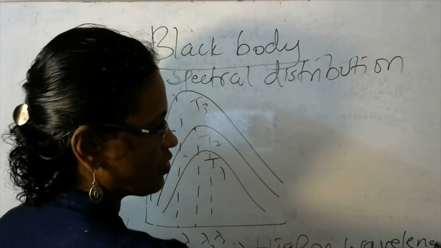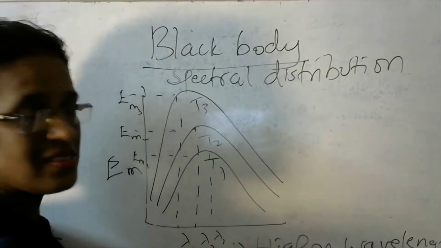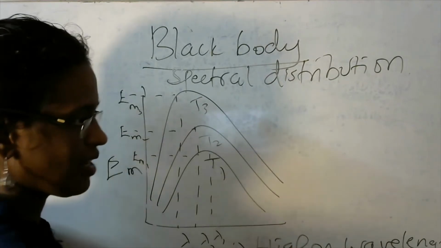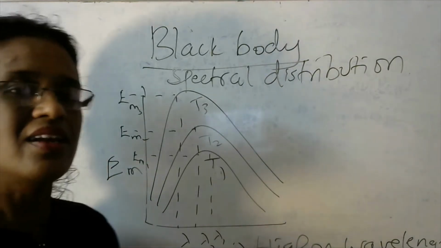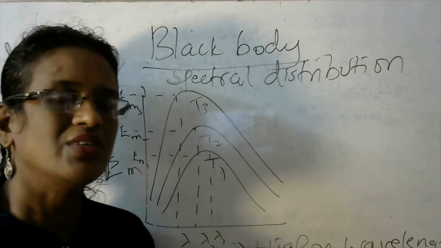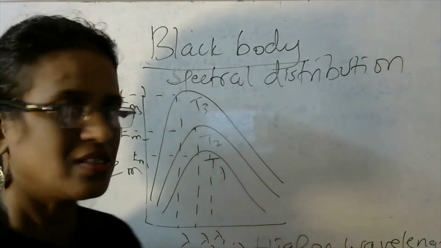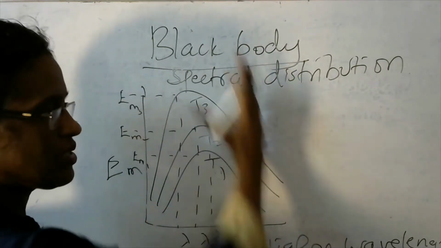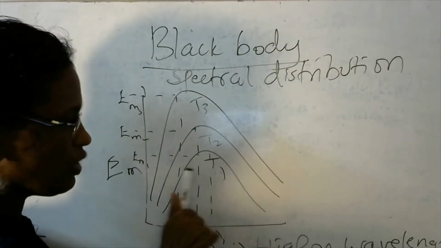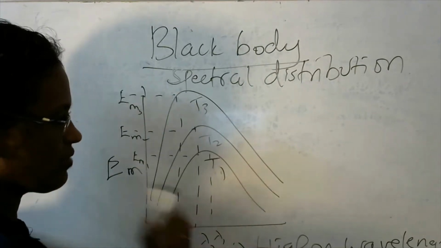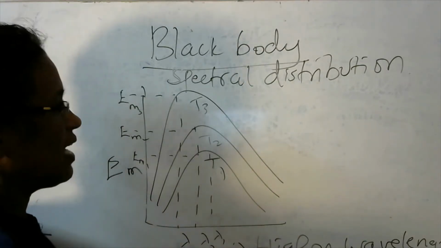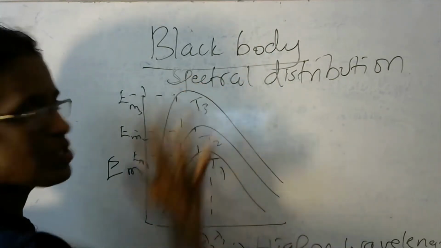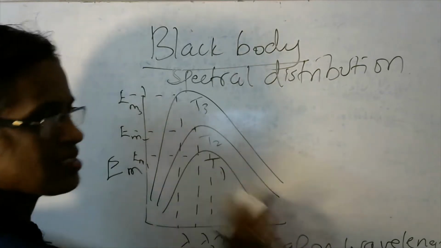So in order to explain this discrepancy in the spectral distribution of the black body on the higher wavelength side, Rayleigh and Jeans tried to give their own explanation. Is that clear? Wien's law could explain the spectral distribution of the black body on the lower wavelength side, this region. And in the higher wavelength region, when the energy reaches its peak, why does it decrease?